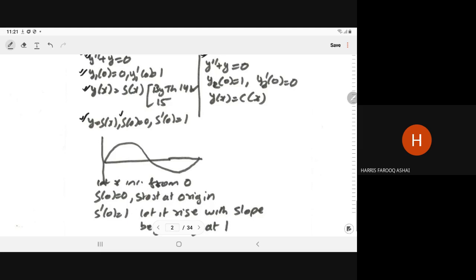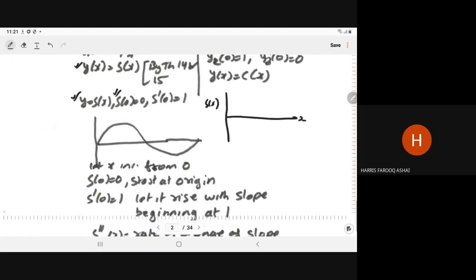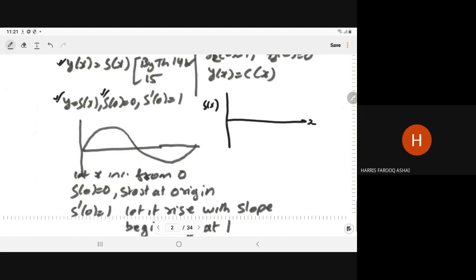We have s at 0 is equal to 0. We have s dash 0 is equal to 1. What is the meaning of s at 0? I am saying that this is the sx. On the y-axis, we have the sx. On the x-axis, we have the x. It means at x is equal to 0, what is the value of the s?